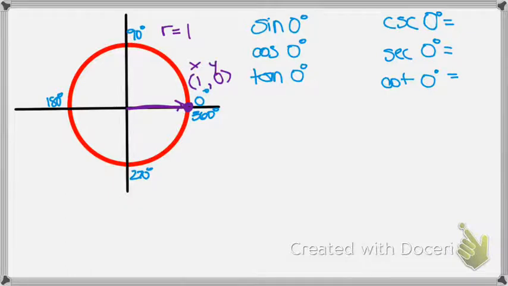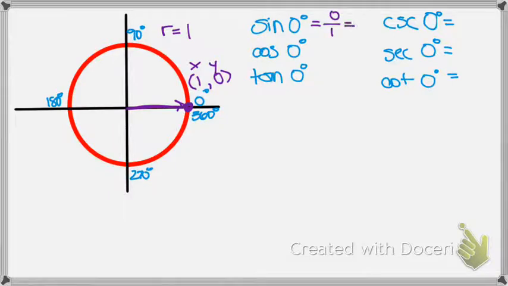Can I find sine, cosine, tangent using x, y, and r? Yes, I don't have to have a triangle. Okay? So let's look at sine. Sine is defined as y over r. Well, that purple point right there, what's the y? 0. What's the r? 1.